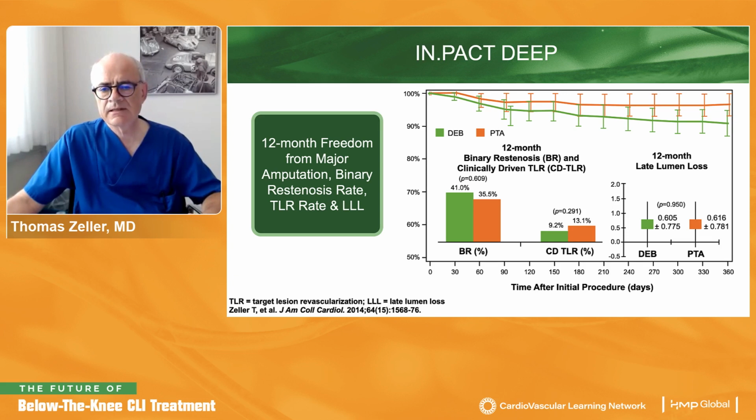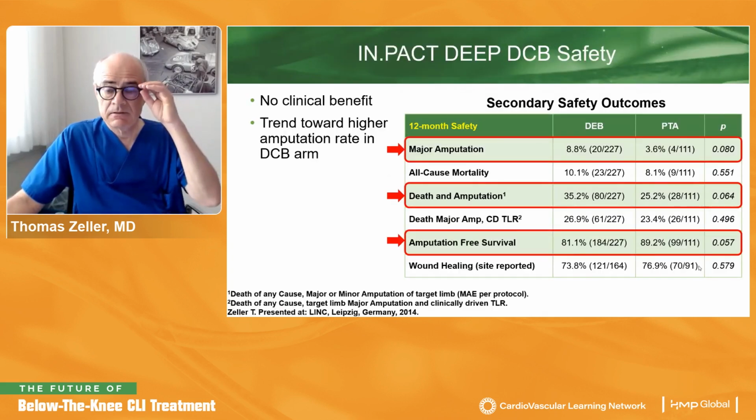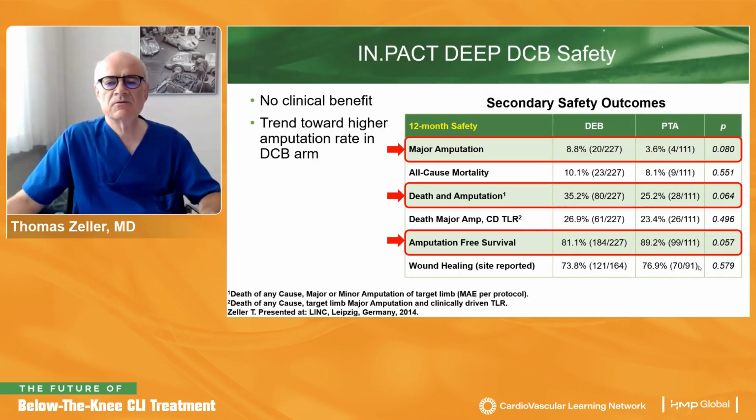So overall, nothing significantly different between those cohorts. This also included a late lumen loss in a sub-cohort of patients with lesion lengths up to 10 centimeters, who underwent follow-up angiogram.